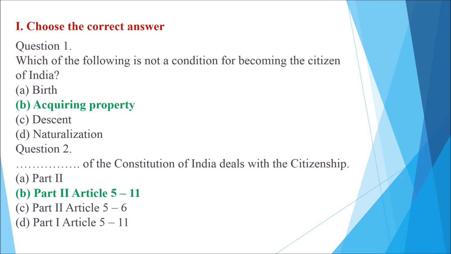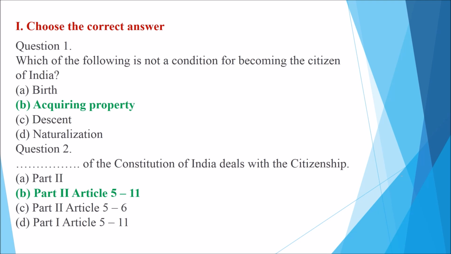Question number 2. Dash of the Constitution of India deals with the citizenship. Option A, Part 2. Option B, Part 2, Article 5 to 11. Option C, Part 2, Article 5 to 6. Option D, Part 1, Article 5 to 11.